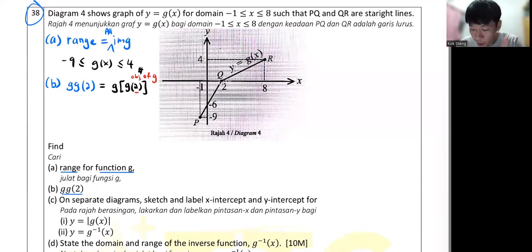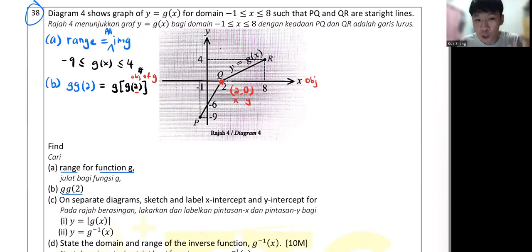So check the graph here. Object is x. So you see where's the 2? Refer to this coordinate here, it is (2, 0). 2 is the object, the 0 is the image.